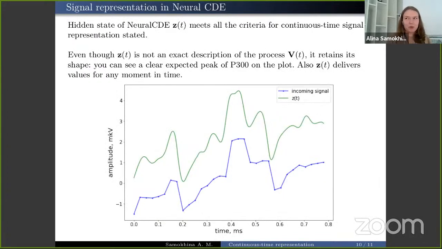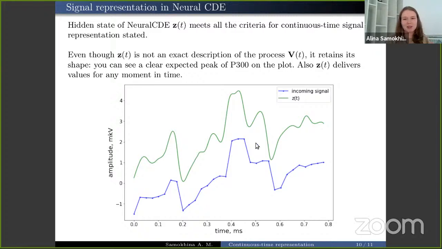The hidden state of the Legendre memory unit LSTM wasn't quite what we were looking for. That's why I'm talking only about the hidden state of neural CDE. It meets all the criteria for continuous time signal representation we set. And we see that it's not an exact description of the process, but still it retains its shape.